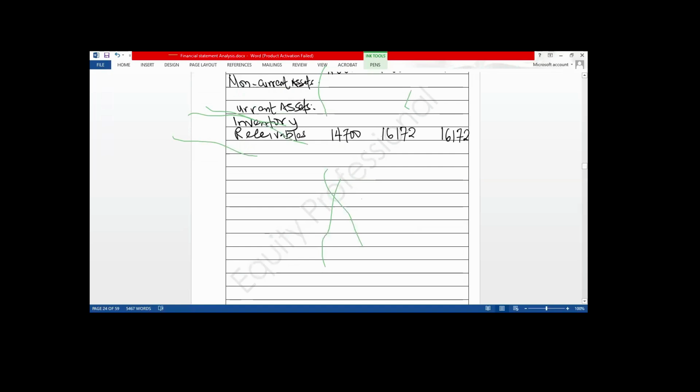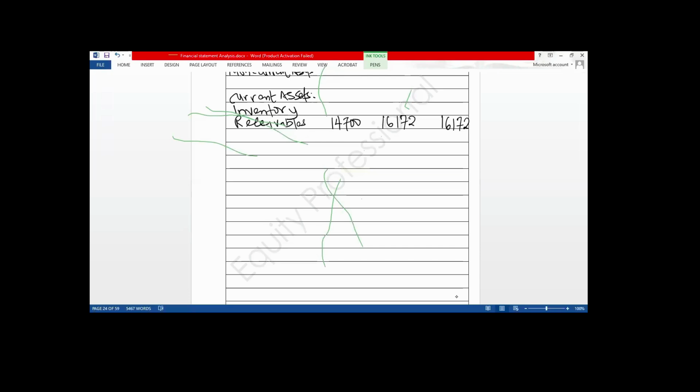Next, payables. You can create space here. Payables is part of our current liability. We can create space and do our posting.